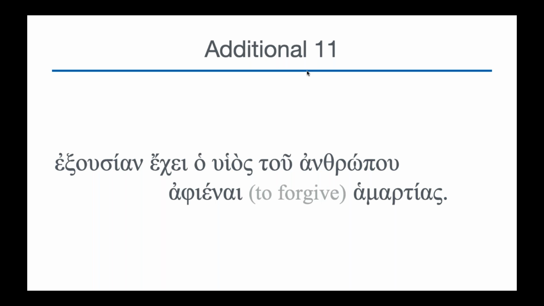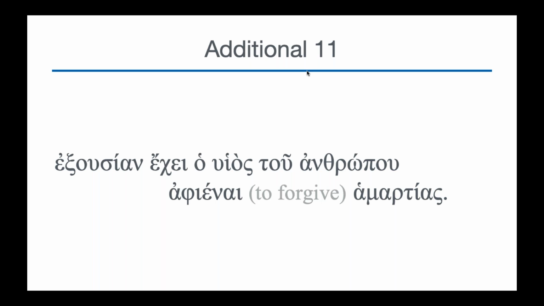All right. This one's a little bit harder because you guys don't know what echei means, do you? It's the second word. Echei means he, she, it has. So exousian. Do you guys know what that means? Exousia means authority.